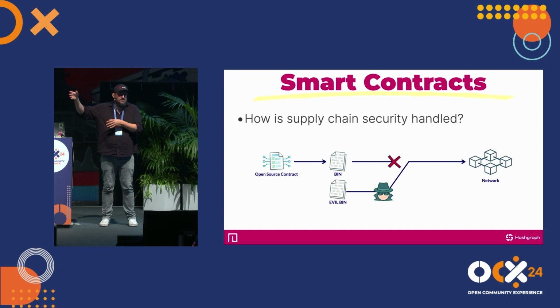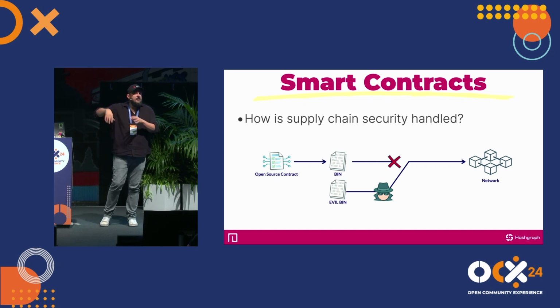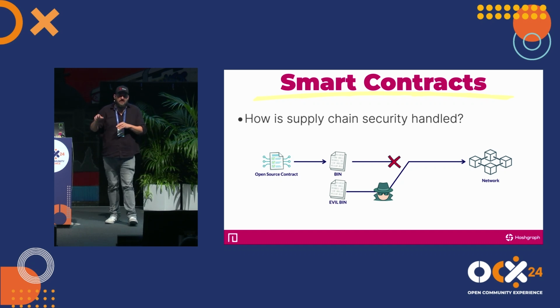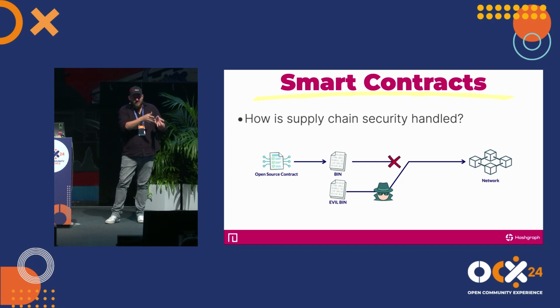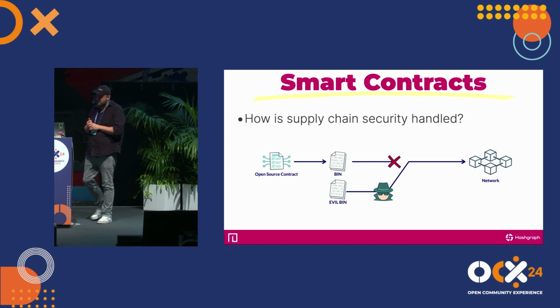You can think about it as in Java, right? You have a Java file, you create a class file out of it that contains binary code, and you execute that in the JVM. It's more or less the same here. You have source code, you create binaries out of it, and deploy and execute it in the network.